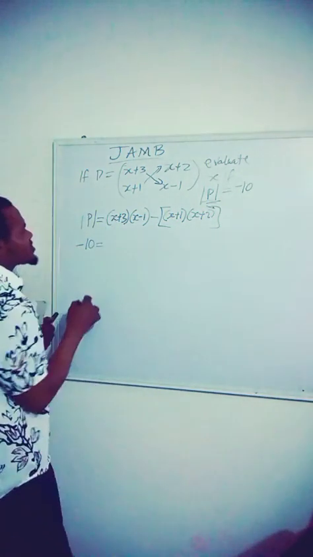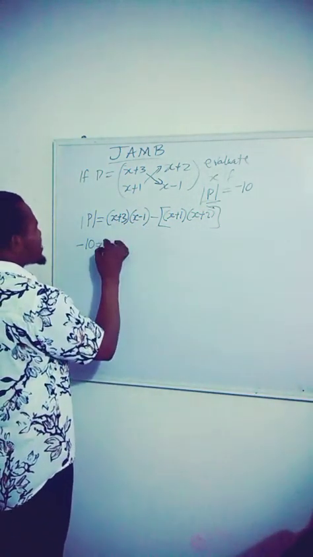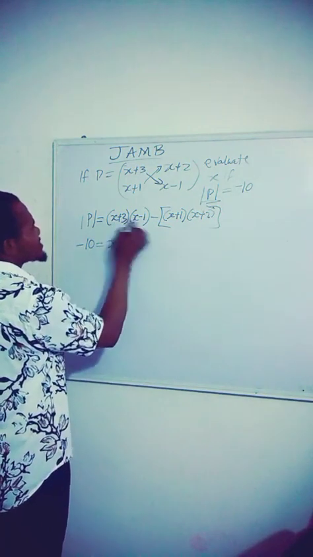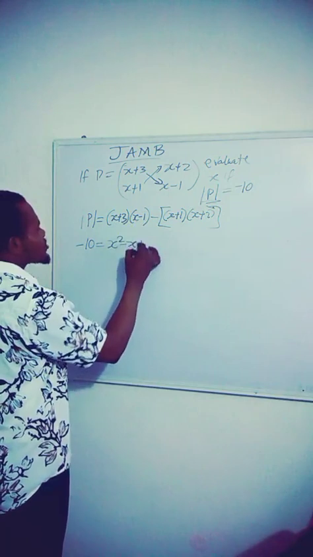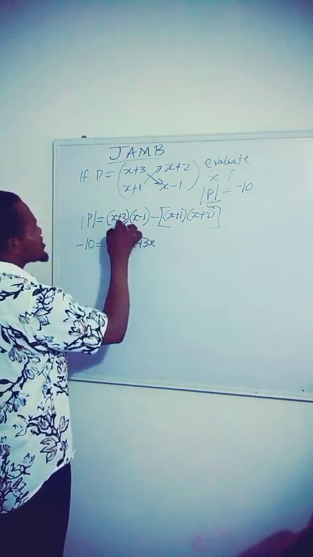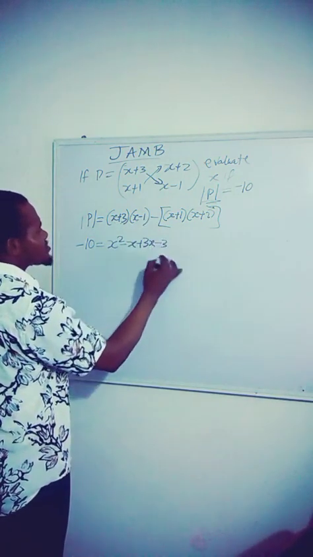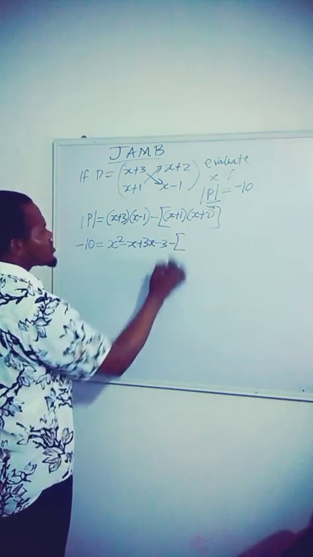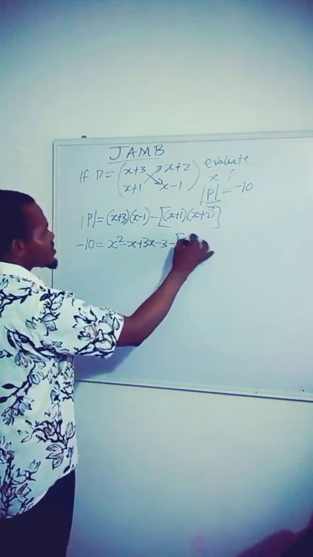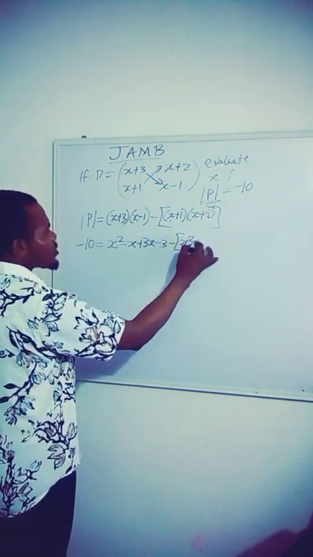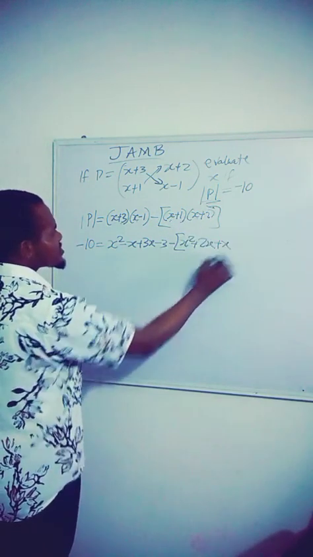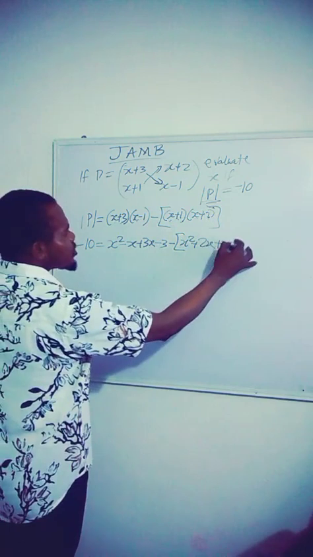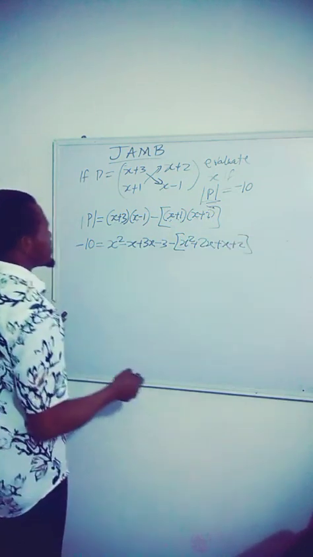So now let's open the bracket. x times x, x squared. x times minus 1, minus x. 3 times x, plus 3x. 3 times minus 1, minus 3. Then minus into x times x, x squared. x times 2, plus 2x. 1 times x, plus x. 1 times 2, plus 2. So let's rearrange.